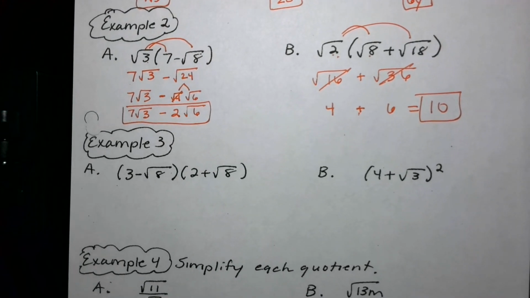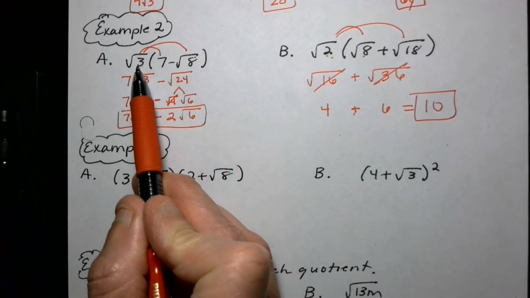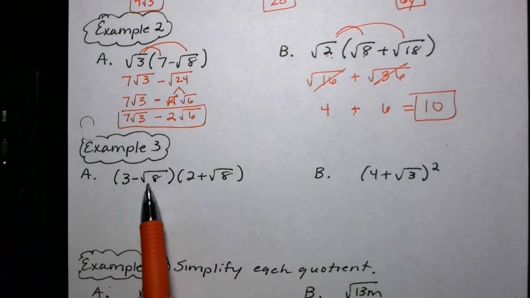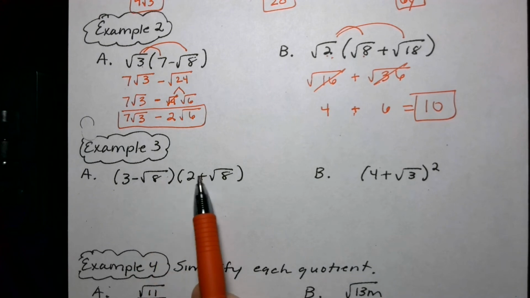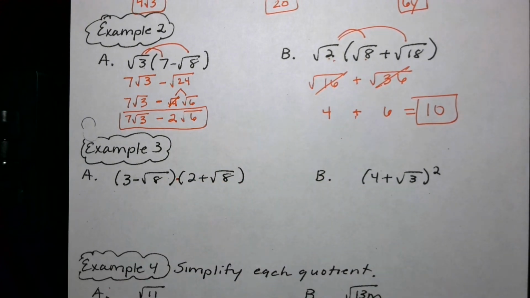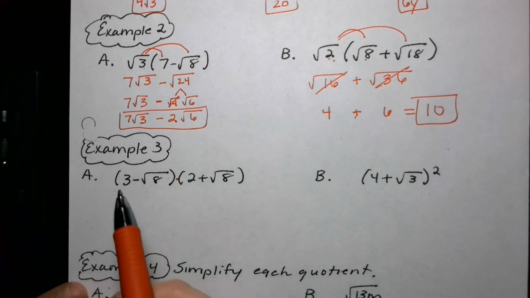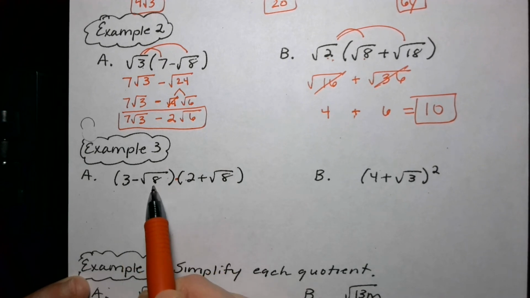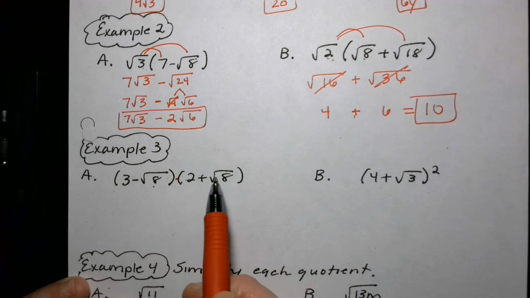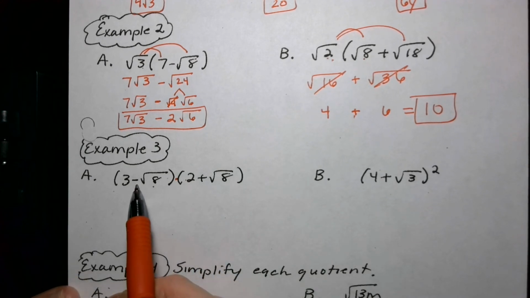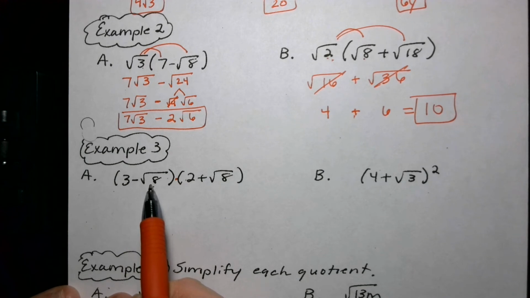All right, now another slightly different one is this had one value out front and you multiplied it by the 2. Here we've got 2 terms in here and we've got 2 terms in here and we're multiplying them. So it was like those long, some of you use the term FOIL, but it's also just remembering that we're multiplying the 3 by both of them and we're multiplying the square root of 8 by both of them and making sure to keep the sign because I see that we got a negative here before the square root of 8.